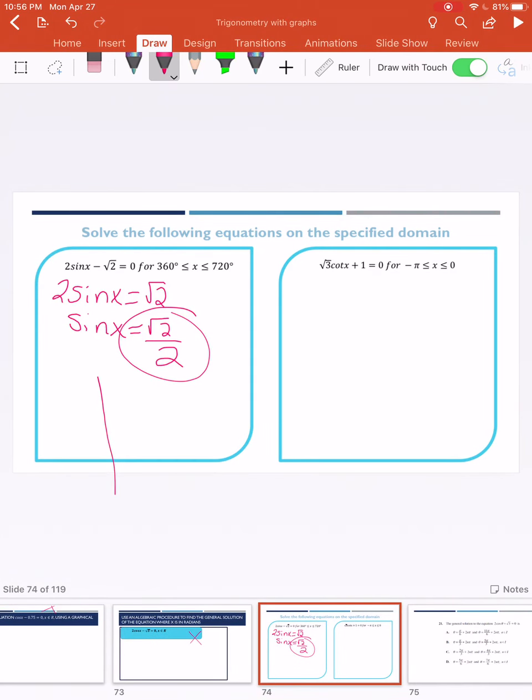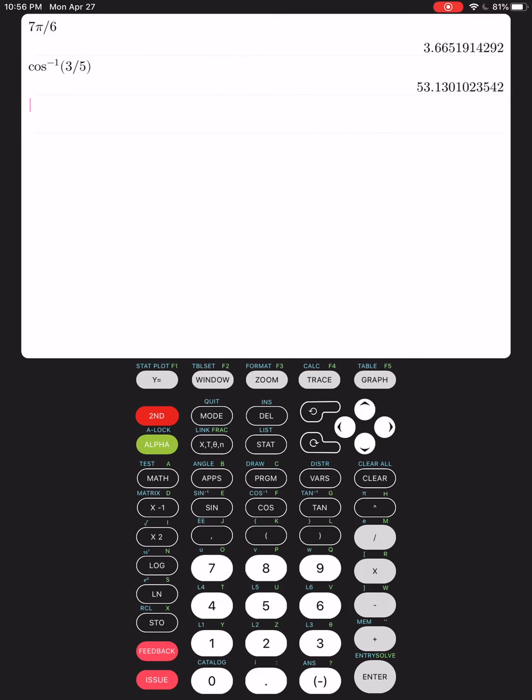So I know sine, here's the CAST rule, but this one would be easier just to spot it on your unit circle. Okay, so sine is positive in quadrant 1 and quadrant 2. So I can just type in, and I should still be in degree mode, second function sine root 2 over 2.